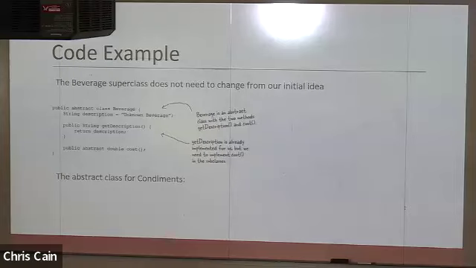Whenever, I like to think of whether or not there is ambiguity. So if I asked all of you to draw a beverage, if there was no way anyone could draw something that was different from somebody else, then you would have the description or the visual of what that is defined in the base class.